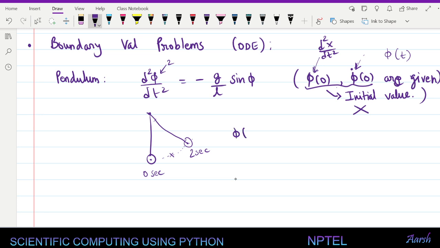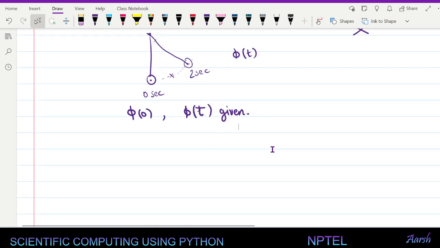Then we have to find phi of t. So now phi of 0 is given and phi of some tau is given. And you can think of it this way: phi of 0 is given and you have some initial velocity which you don't know.